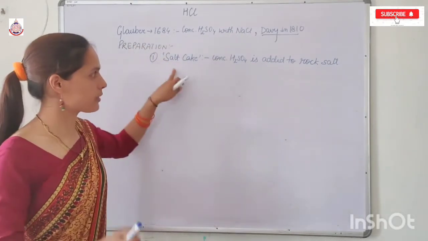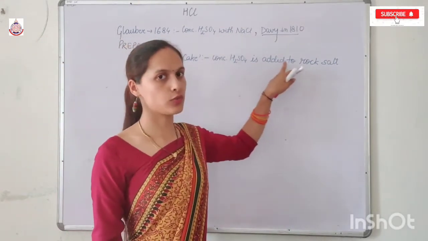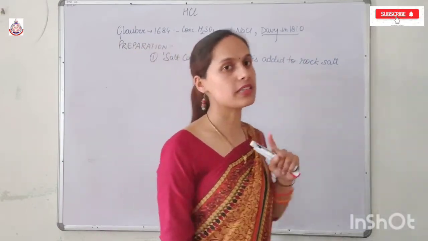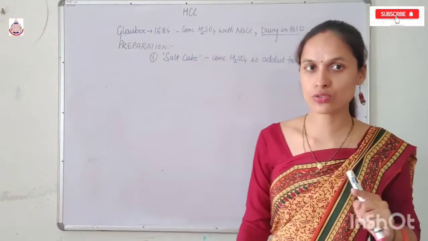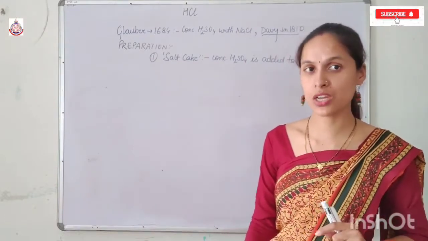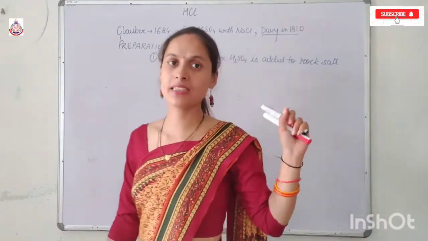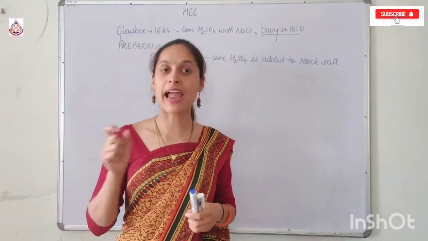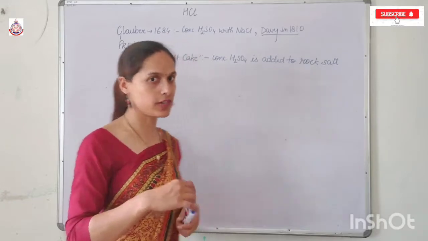In the salt cake method, the concentrated H2SO4 is added to the rock salt. The reaction between the concentrated H2SO4 and rock salt is endothermic in nature, and the reaction is performed in two different stages at different temperatures.